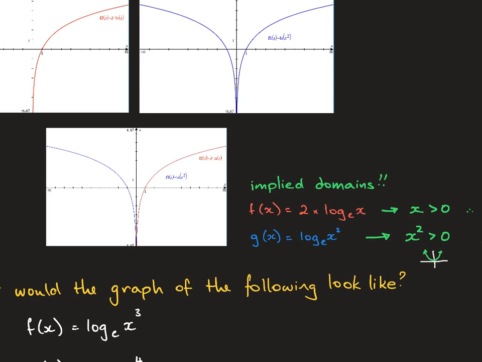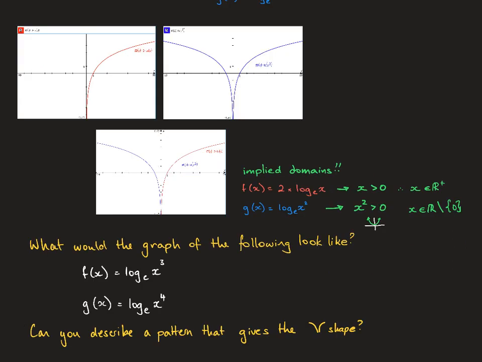And so what we've got is a domain problem. In fact, for this parabola here, the only value that doesn't give us a value greater than 0 is when x is equal to 0 itself. And so our implied domain for this is that x can be any real number except for 0.